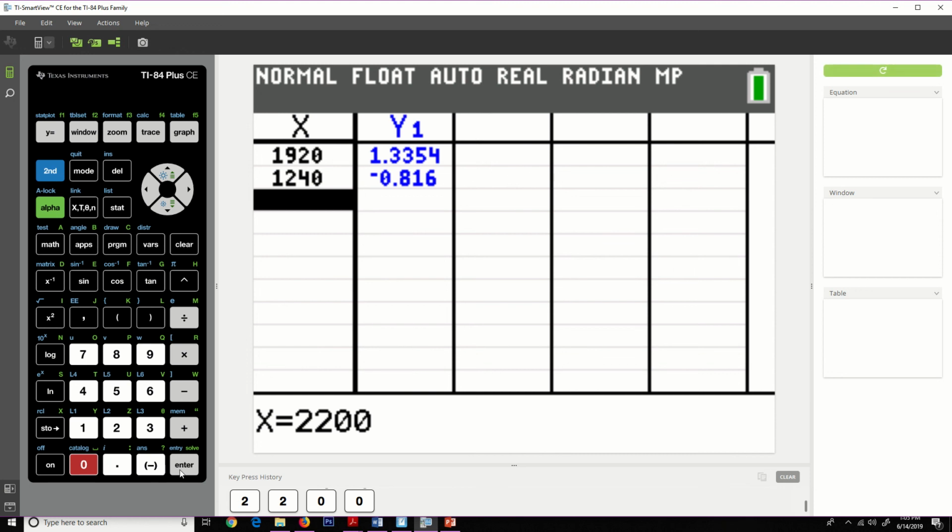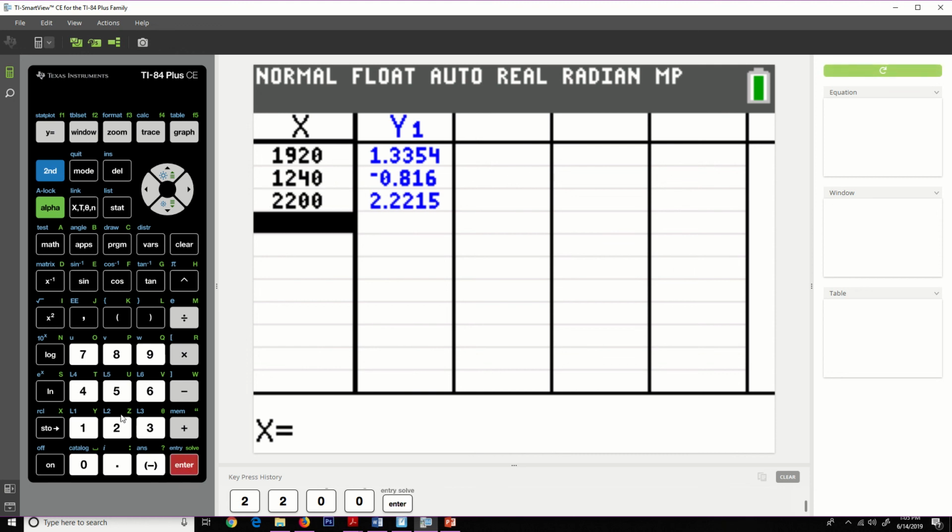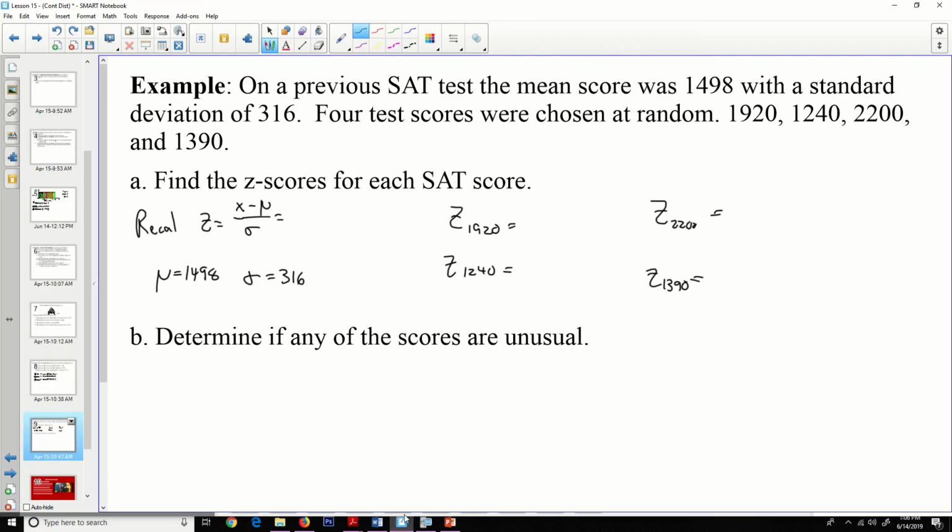Then 2200 is going to be above the mean, and 1390 is below the mean, so we'll get a negative value. So this z-score was 1.335. This one was negative 0.816. And then this one was 2.222, and this one was negative 0.342.